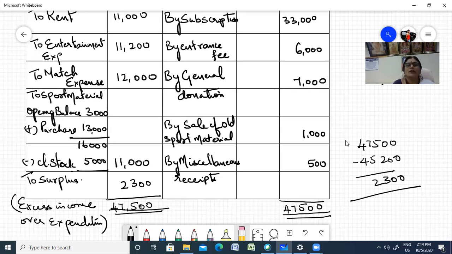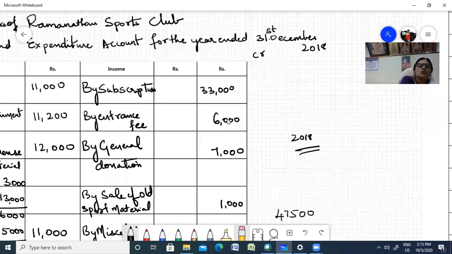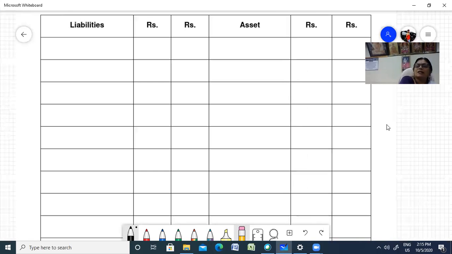Fine. All right. Now that we have found out this figure, we will go to the balance sheet. So we have our receipts and payments account to our side. Let us complete the balance sheet.